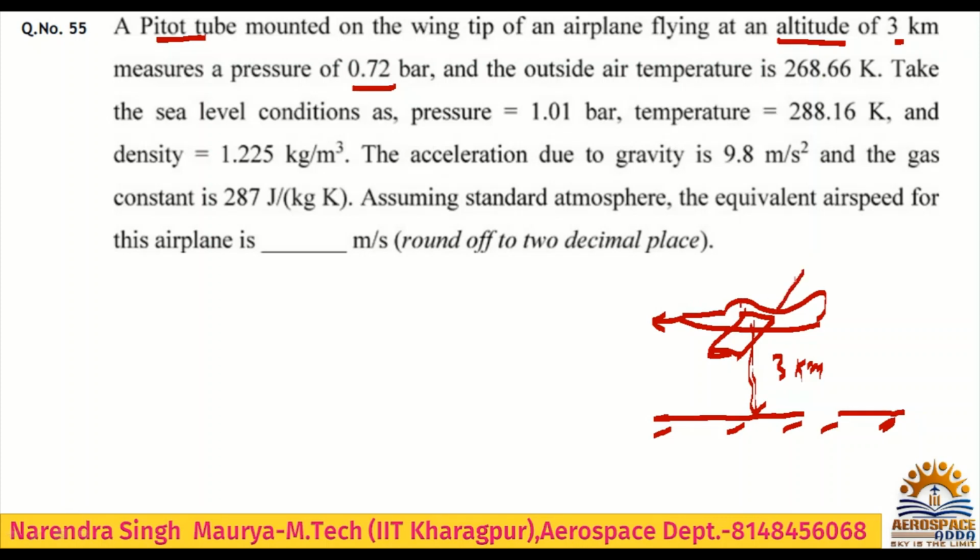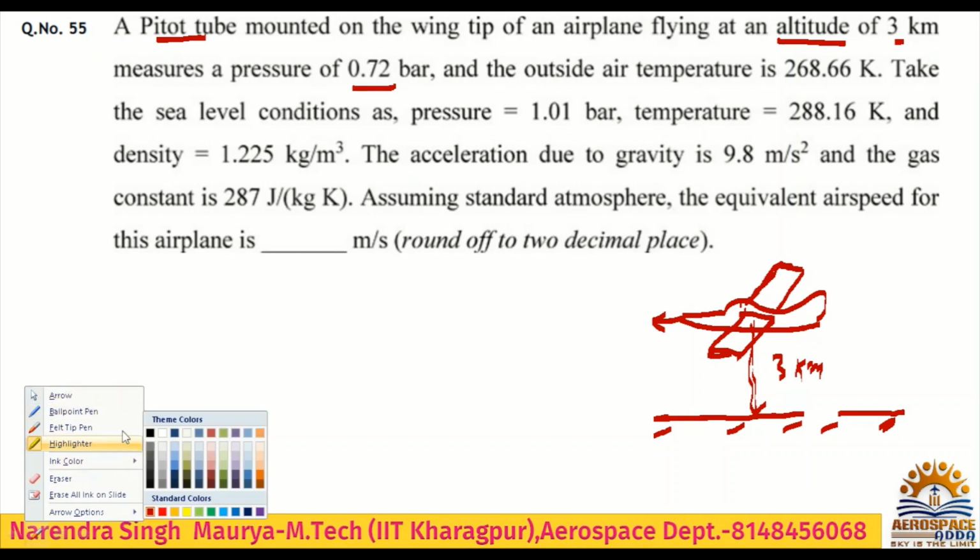You may have seen, might be fighter aircraft and all, or sometimes on the vertical tail. It should be at a place where fresh air is coming and hitting the pitot tube. Undisturbed air should be there.